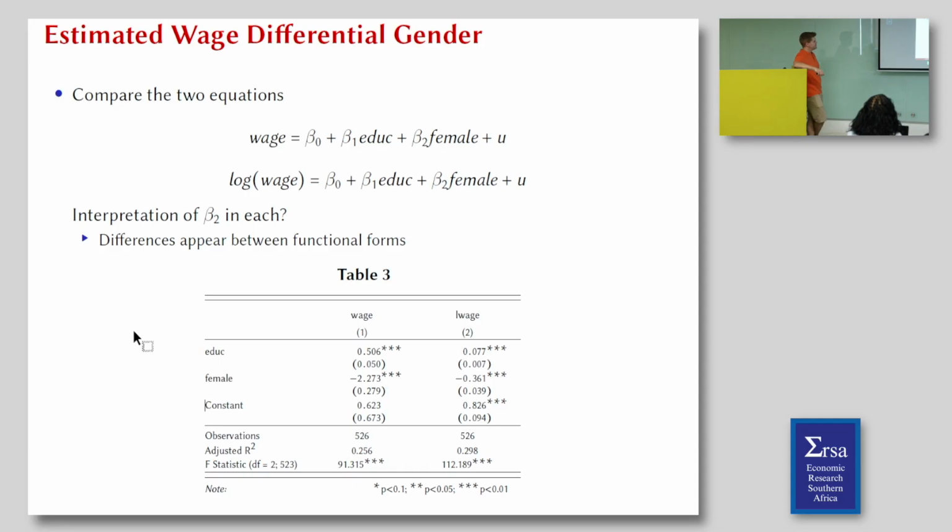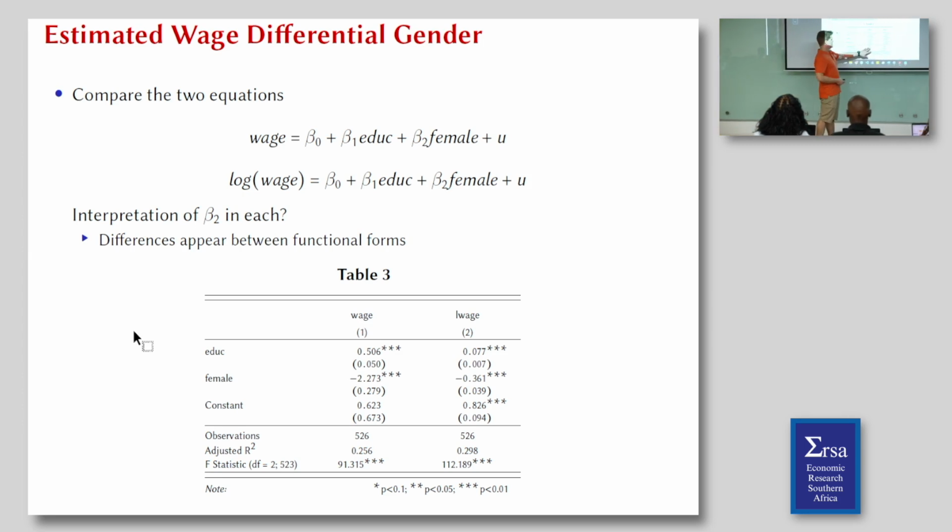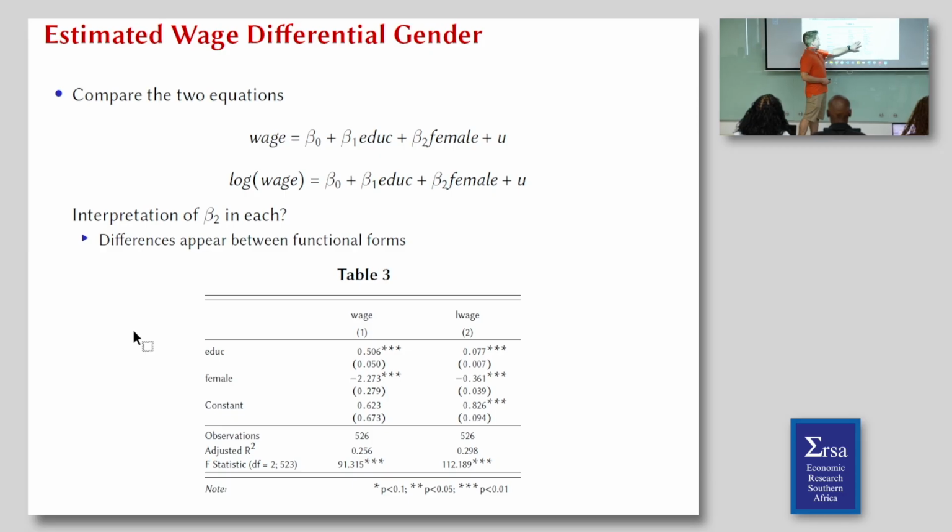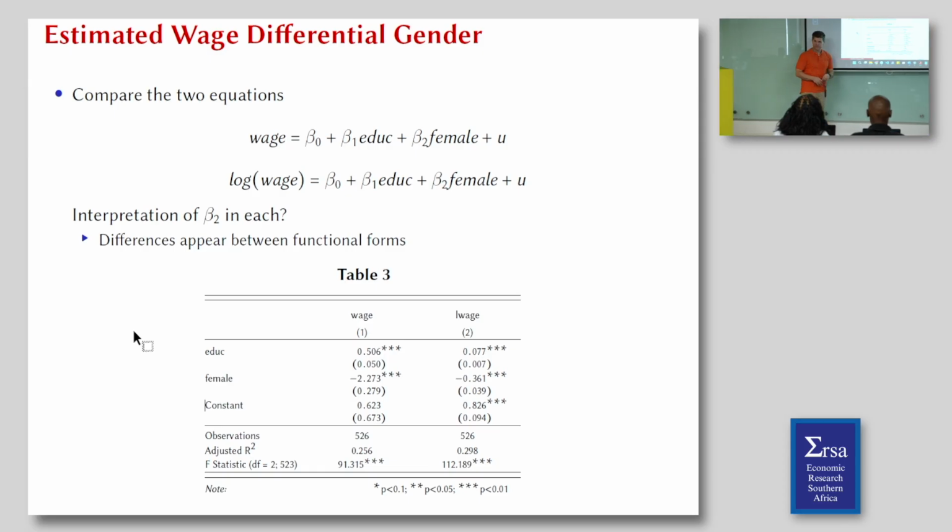In terms of wages by itself, if I remember that this is in dollars, they're earning $2.27 less relative to males. Okay, so the point is that, again, it's all about the interpretation. I'm restricting the sample, and these should be in some ways comparable, but one is in terms of the log wages and one is in terms of wages themselves.